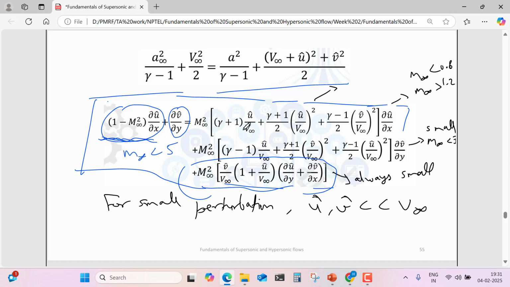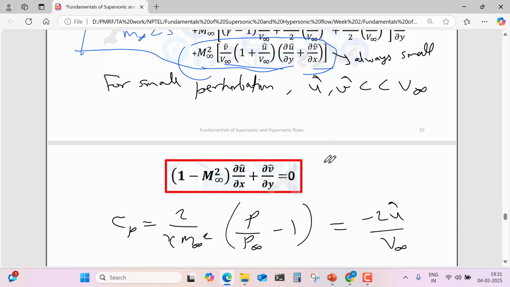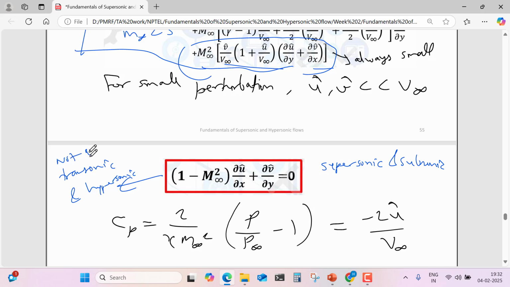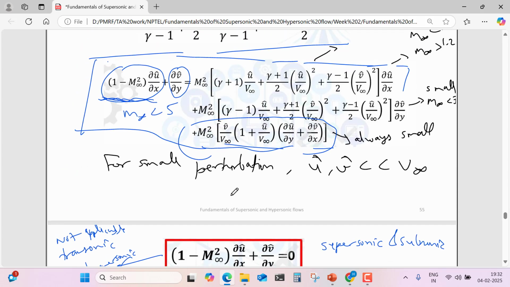So for neglecting all these for supersonic and subsonic flow, this is not applicable for transonic and hypersonic flow. We will get this equation.